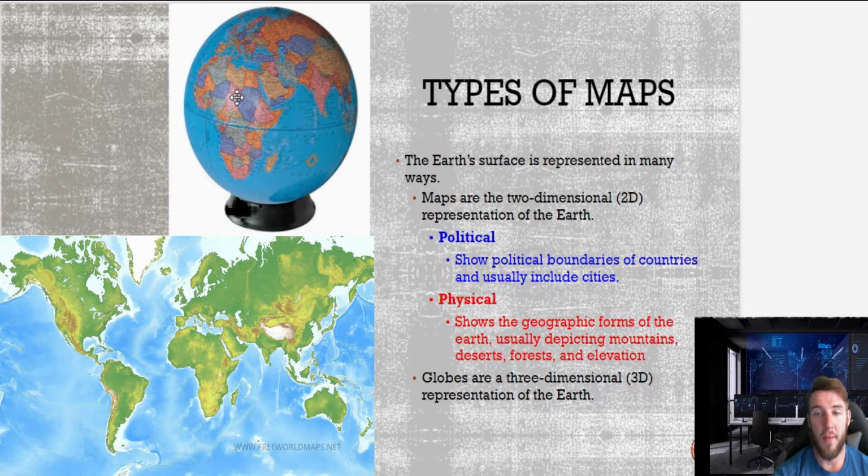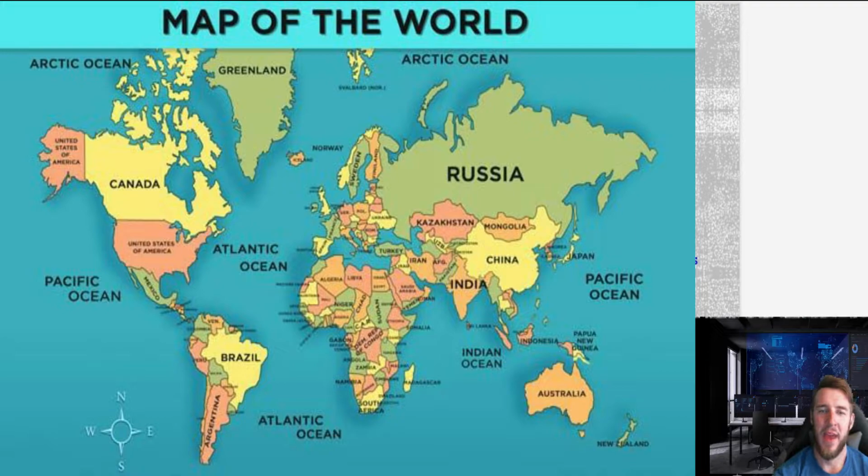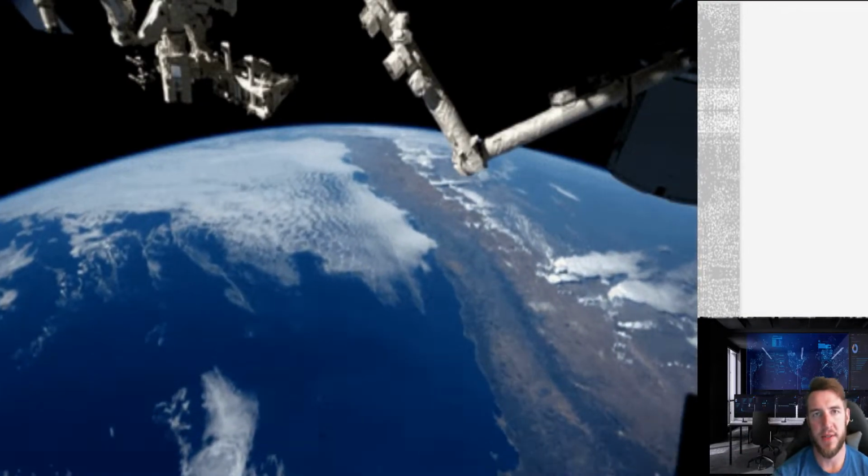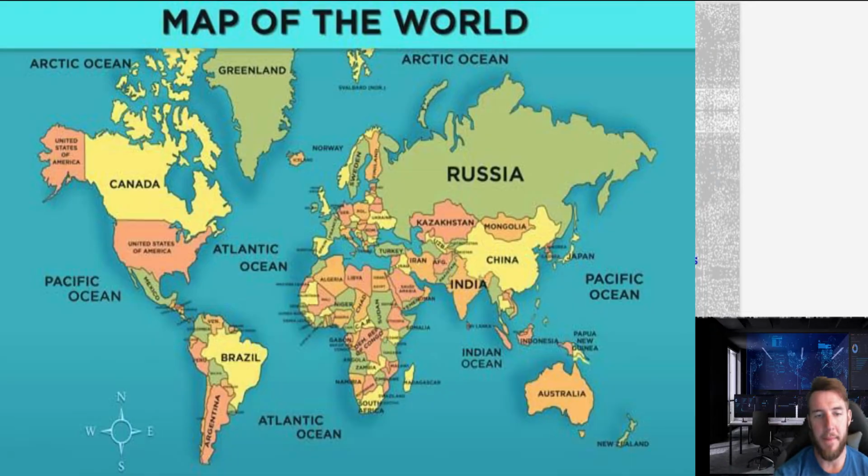Now, a political map, I don't really have a political map on this one, but I'll show you one right here, okay? What this map is, it shows political boundaries of countries and usually includes cities. So if I'm in the International Space Station, I'm looking at the Earth.